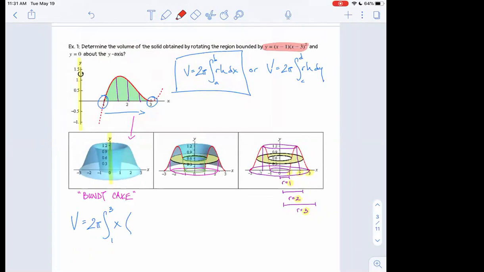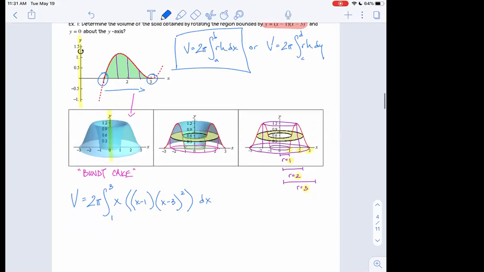Y equals x minus 1 times x minus 3 squared. So instead of h, I can put x minus 1 times x minus 3 squared dx. Okay? So we have the 2 pi rh. This is our r. This whole thing here is our h.